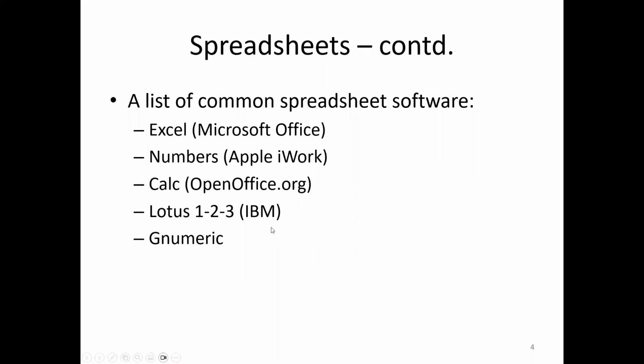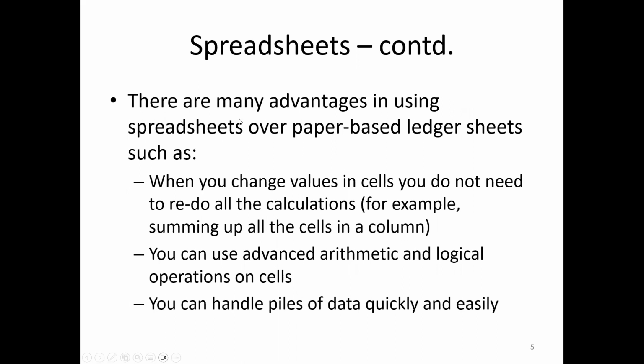So these are the commonly available spreadsheet application software, right? Microsoft Excel, Numbers, Calc, right? Numbers comes with the Apple operating system, and Calc is from Open Office, and Lotus from IBM, and so on. So there are several applications for this purpose.